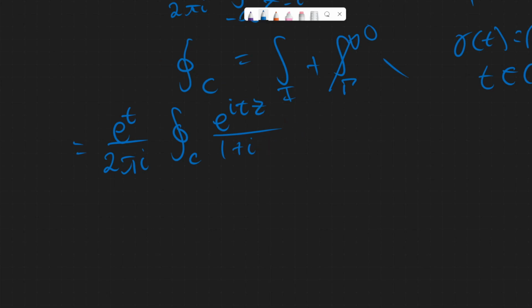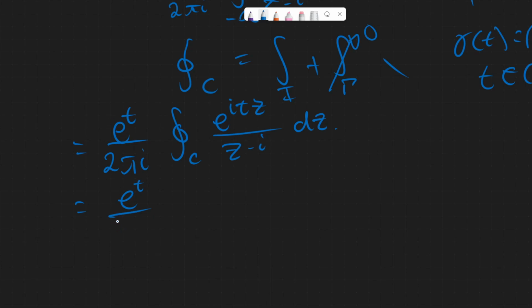Sorry, we took out that factor. Now we can use Cauchy's residue theorem to evaluate this contour integral. You could also use Cauchy's integral formula or Cauchy's differentiation formula. Either way, you'll get the same answer.